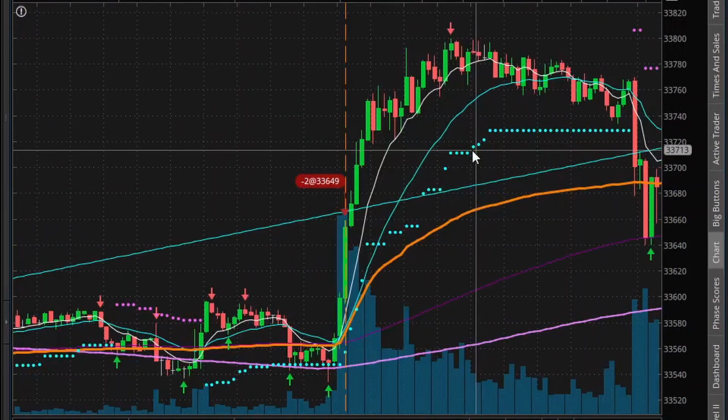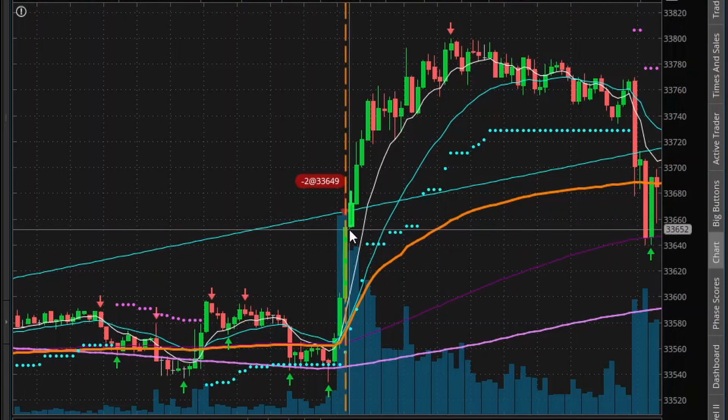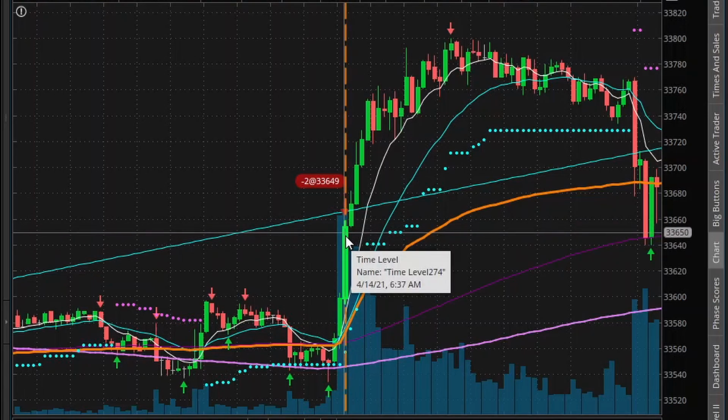And if we zoom in a little bit on that, at 6:49, it was right here. And I did this via my mobile phone, so I wasn't on my computer. It was early in the morning, I'm looking at my phone. I don't have all the data with me, but I just wanted to get out because I was down almost $1,000 from holding it overnight.